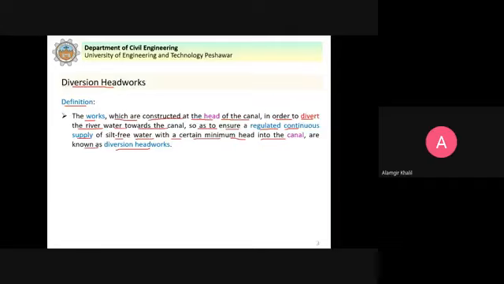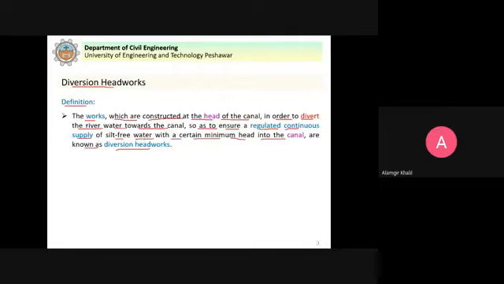So the works which are constructed at the head of the canal, in order to divert the river water towards the canal to ensure a regulated continuous supply, because the water that is supplied to the canal, that is regulated. So the head regulator is operated to control the supply of water into the canal. We will study in detail about the canal head regulator.